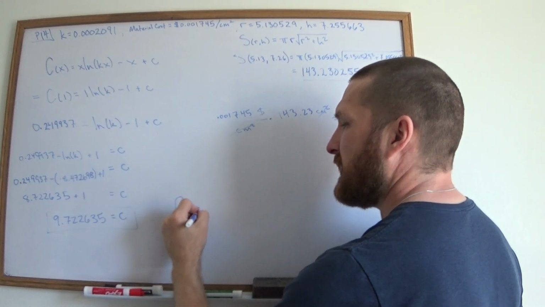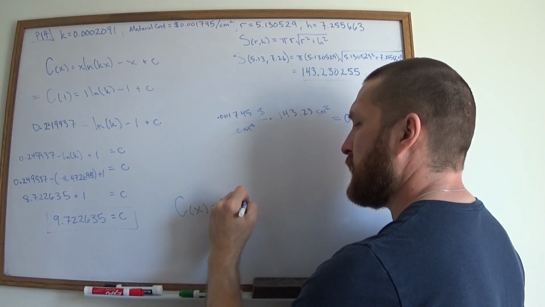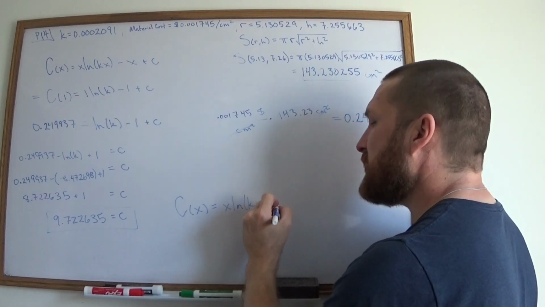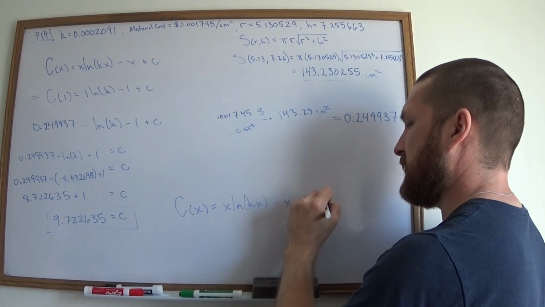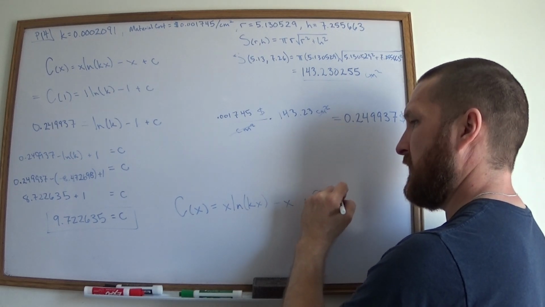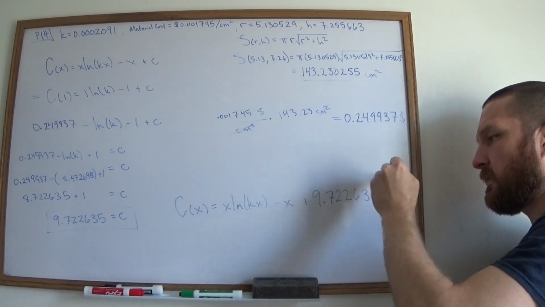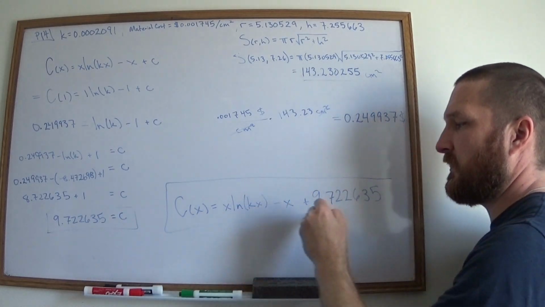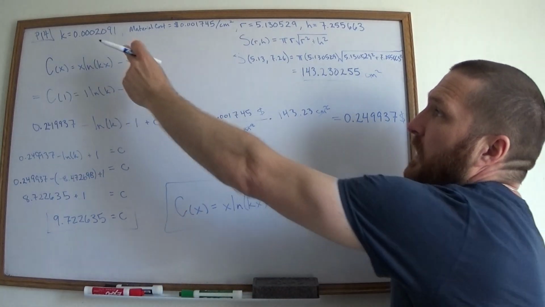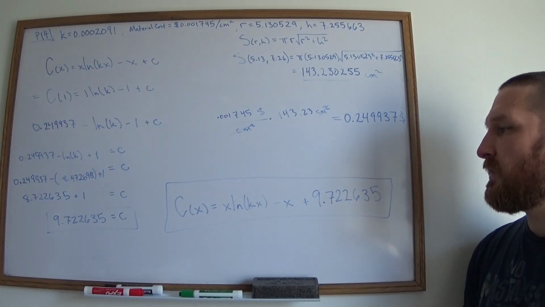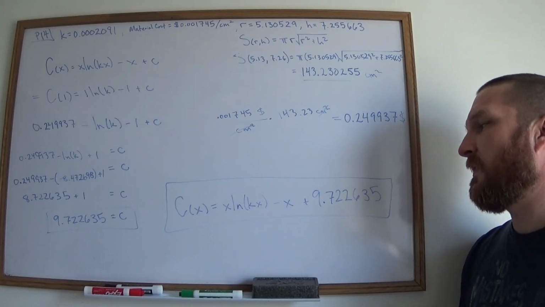So the particular solution, the cost if we use the optimally shaped cone that we found earlier, the cost function that we're dealing with is this right here. That is the cost of x for x. You give me x cones, I plug that in with k equal to that, and that should give me the yearly cost of making x cones that year.